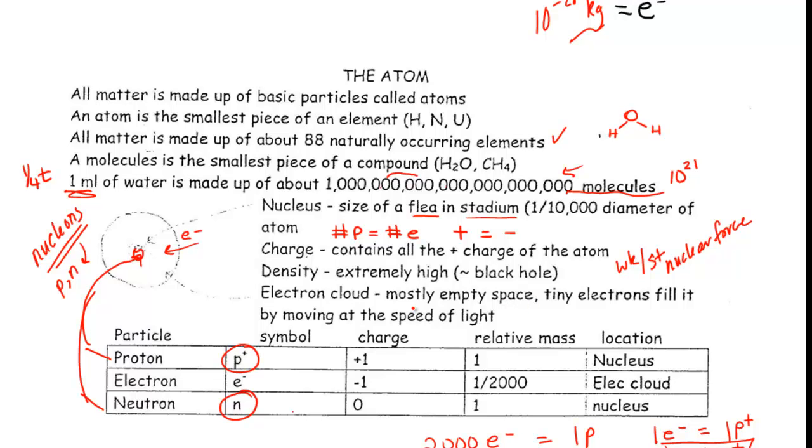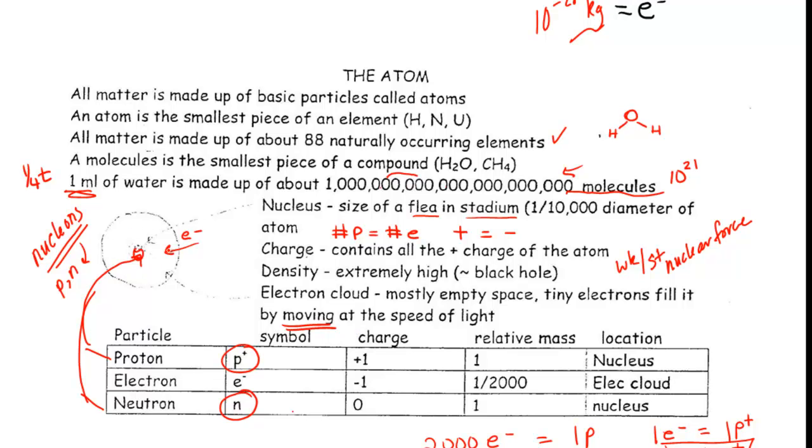We've got tiny electrons, but they fill it because they are moving and because they are attracted to the nucleus. The fact that they're moving keeps them from being sucked into the nucleus, since opposite charges attract.